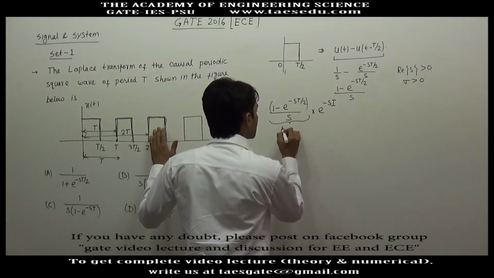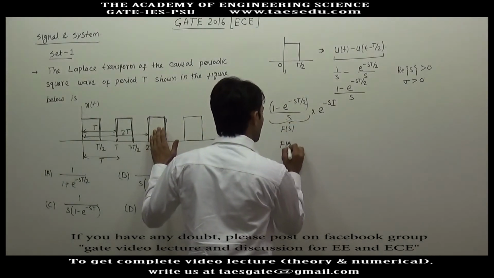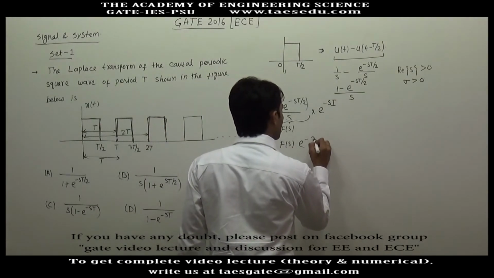Let's say the first Laplace is F(s). So the third will be F(s) into e to power minus 2sT.